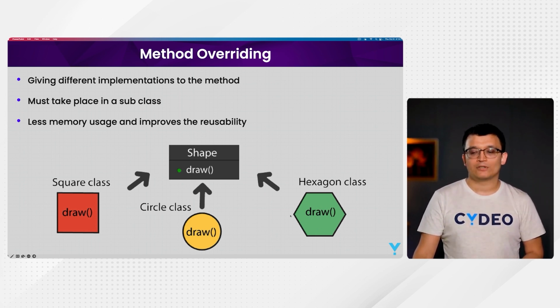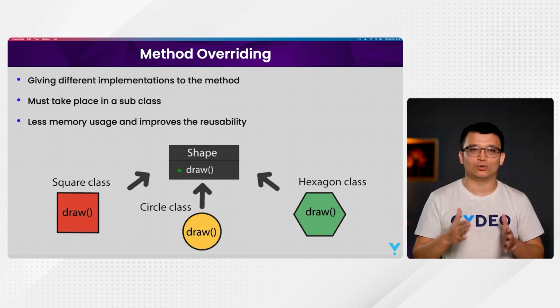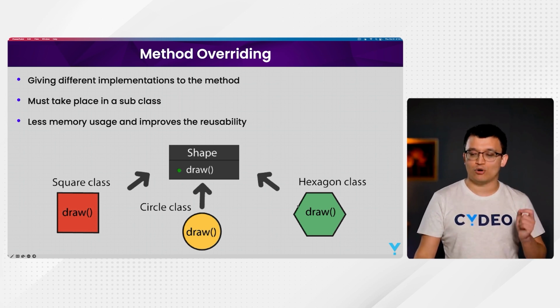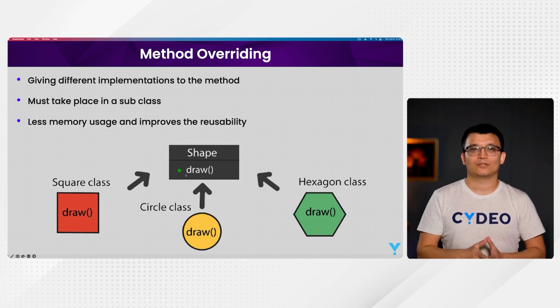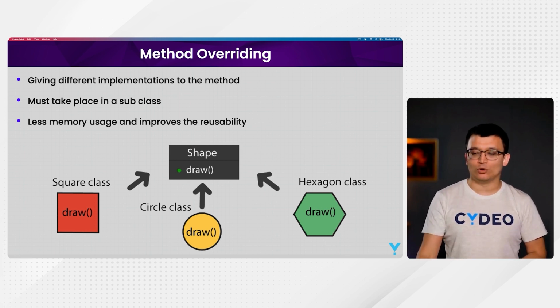As you can see, multiple different implementations are needed in order to get those expected outputs. But I don't have to create other draw methods in those subclasses. I can just reuse the draw method that is inherited from the parent class. All I have to do is override this draw method in those subclasses.